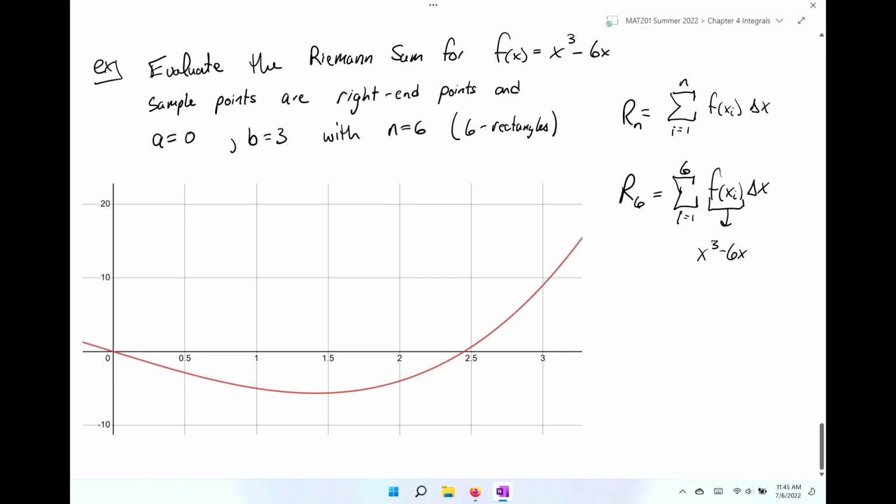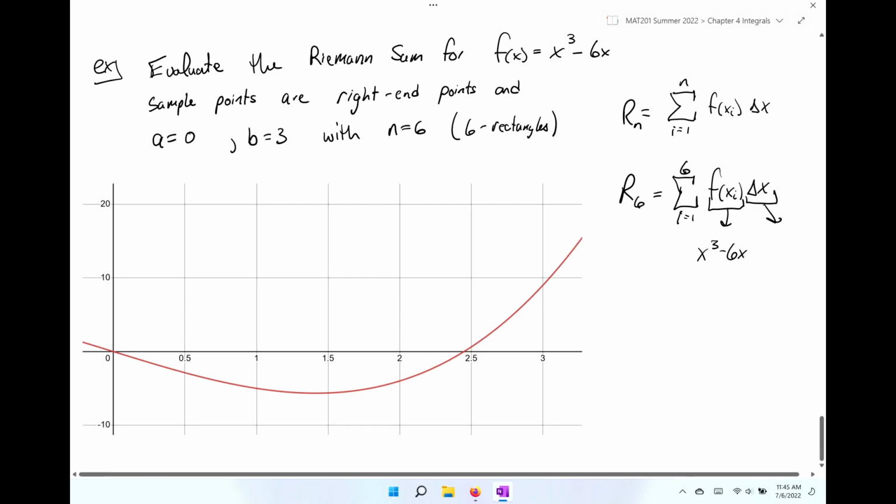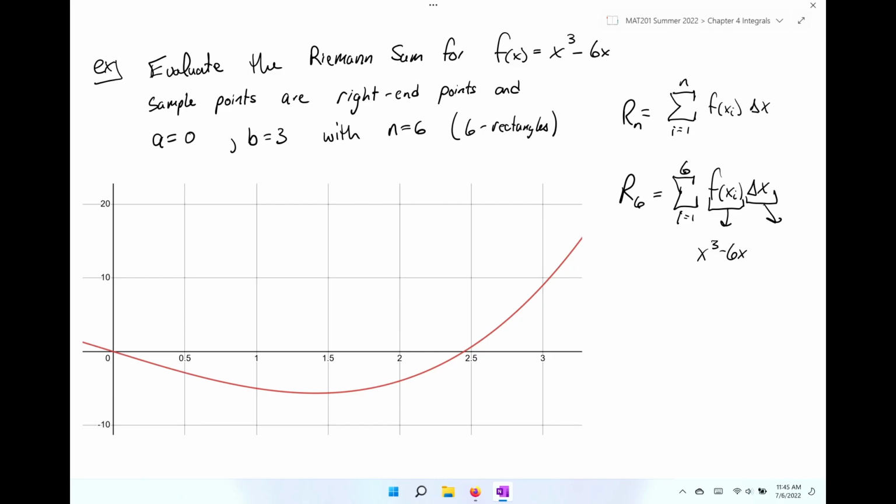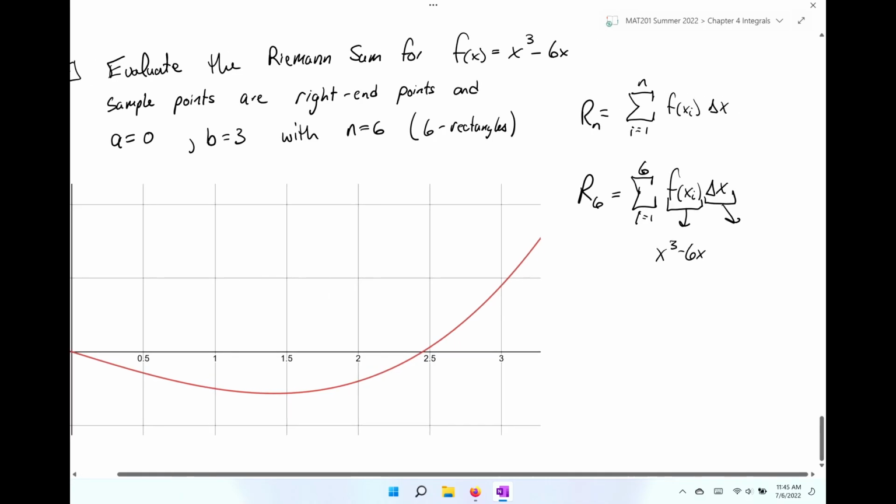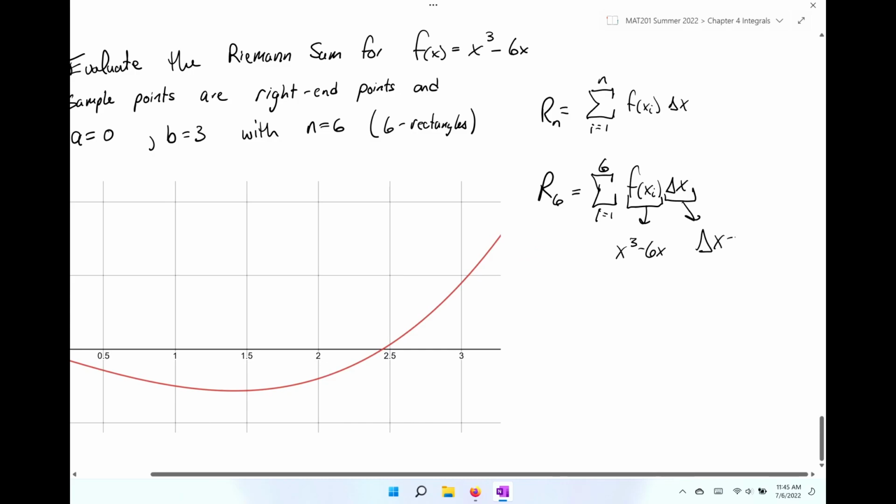The question becomes, what is delta x? Because remember, we need to add up rectangles here. Riemann is just telling us add up 6 of them. So delta x, we learned, is b minus a divided by n. So delta x is going to be 3 minus 0 divided by 6. Therefore, delta x equals 1/2.